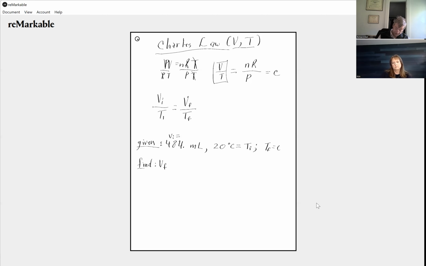Well, most freezers are at 0 degrees Celsius. So now we have our relationship. Our units are consistent. So we have 484 milliliters at 20 degrees Celsius. What's our final volume at 0 degrees Celsius?